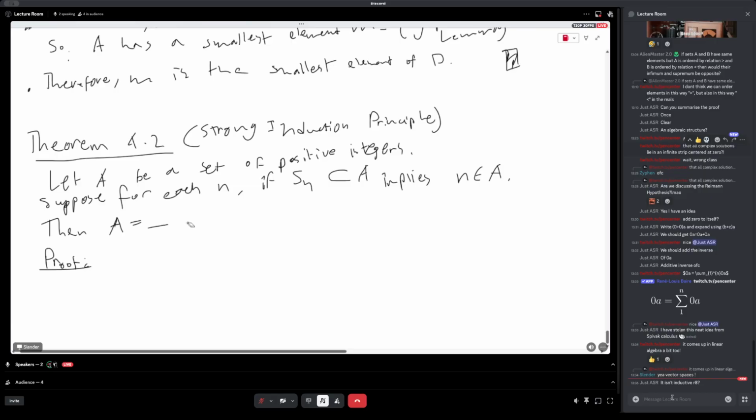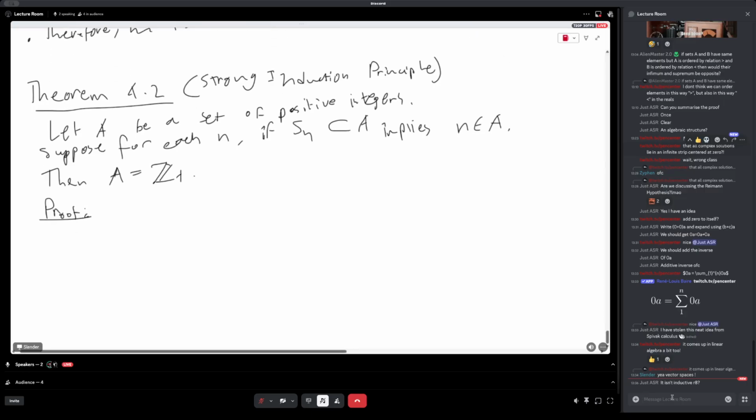So it's kind of like induction, but you're not assuming the base case here. You're just assuming it's true for n right away. So here's the proof. We can prove this by contradiction. Assume A is not equal to Z plus. A equals Z plus just means that A is inductive. That's the principle of induction.